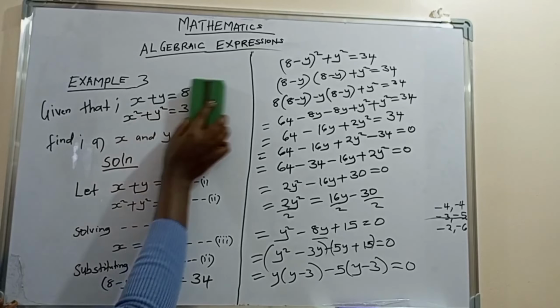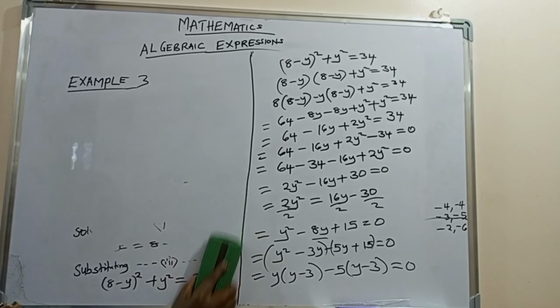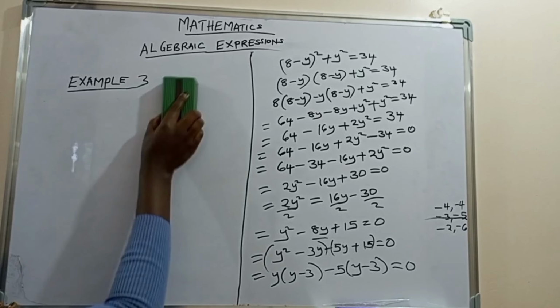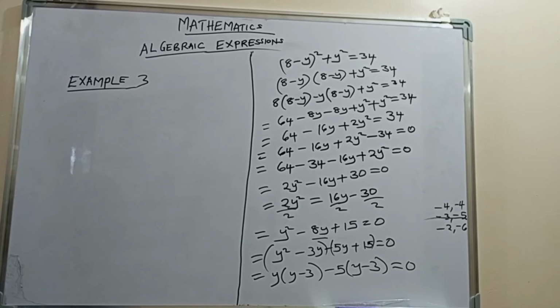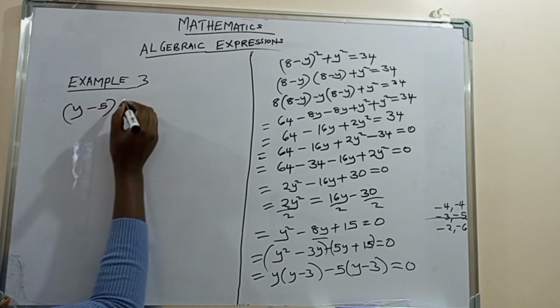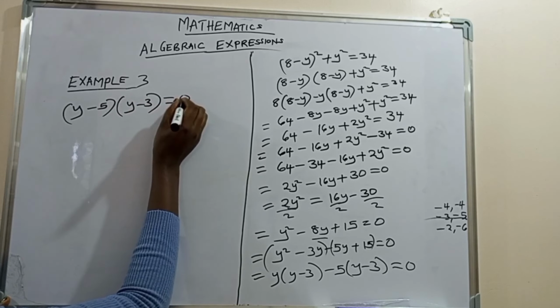So let's rub this side so that we continue. So we have y minus 5, y minus 3 is equals to 0.